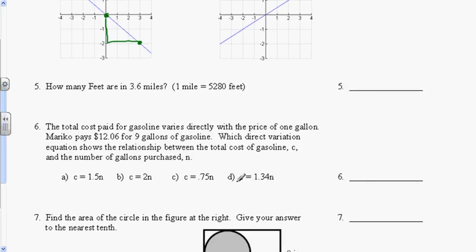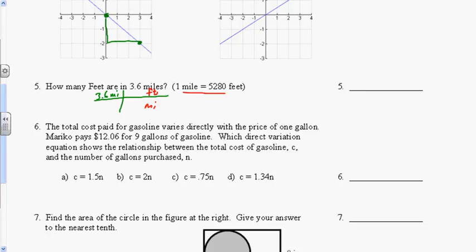Next question, unit conversion. How many feet are in 3.6 miles? Well, we start with 3.6 miles. We're going to do railroad ties. We want miles to disappear, so we're going to put miles below and put feet above.